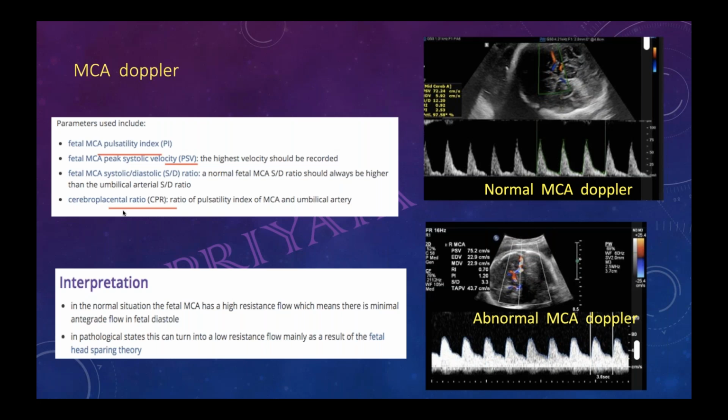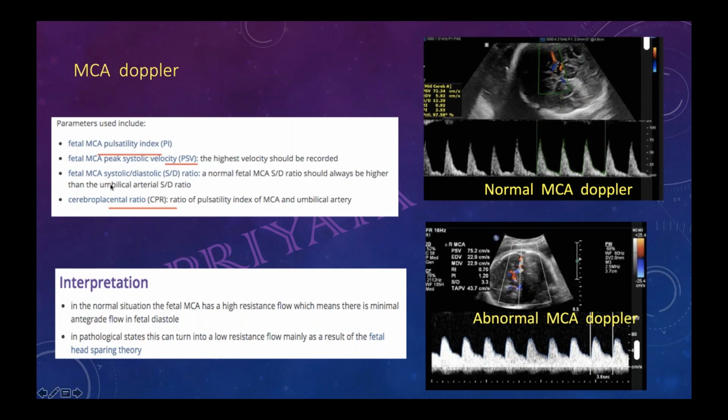But if something goes wrong, then instead of decreasing they will be increasing. So the change that happens with pregnancy in the MCA Doppler is the opposite of the umbilical artery Doppler. Therefore in that chart, if the MCA PI becomes more than, that sign is there, so that will help you understand.